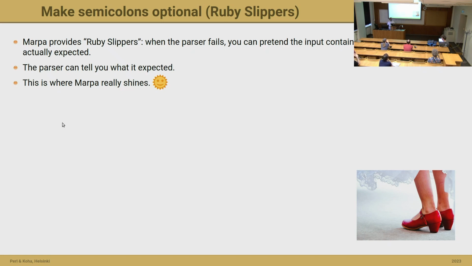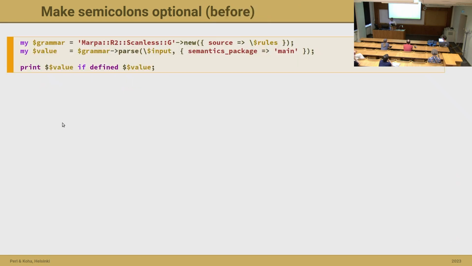The parser tells you, and you can tell it, well, okay, let's pretend this symbol was there, and let's continue. And the parser goes on. This is something that's not present in most other parsing libraries and algorithms. But it complicates the code a bit.